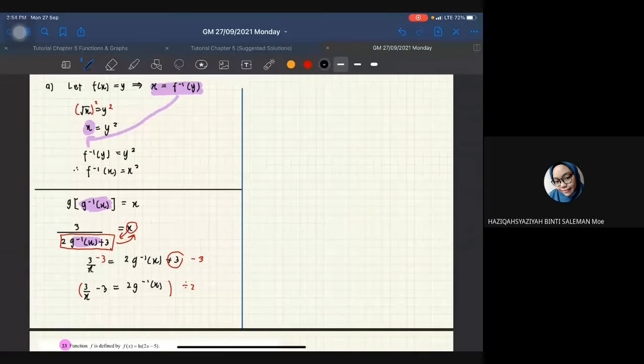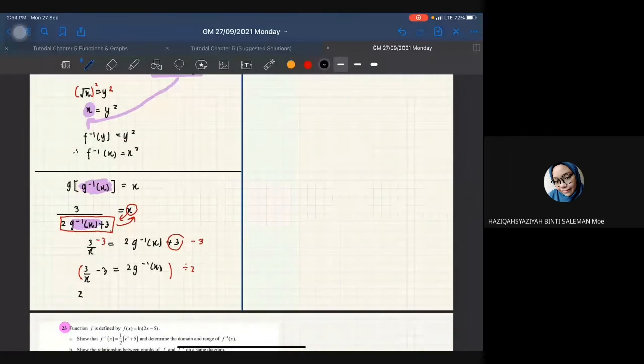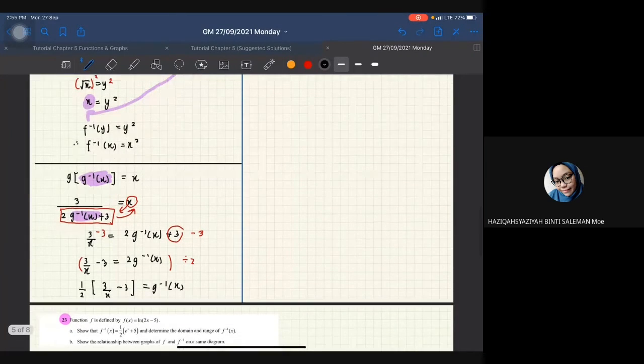So, awak akan dapat 1 over 2. This one. And then kita akan ada 3 over x minus 3 is equal to G inverse of x. Macam tu. Okay, settle.